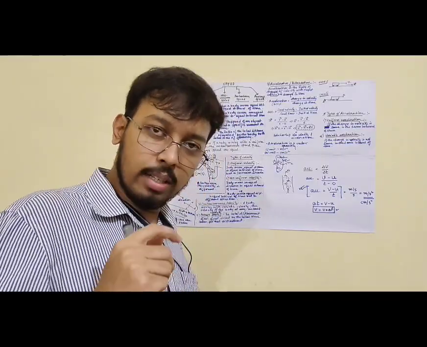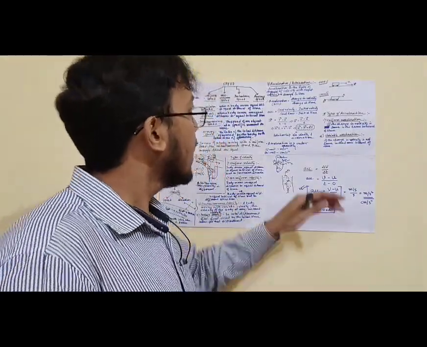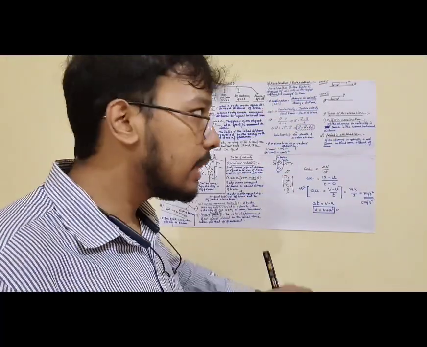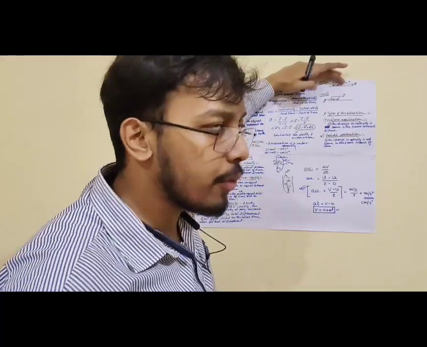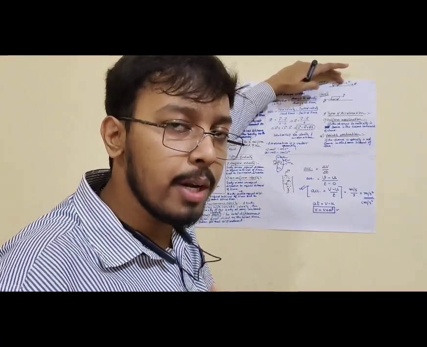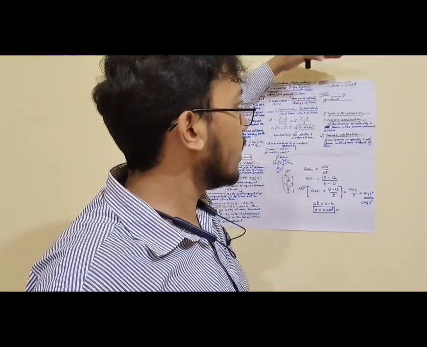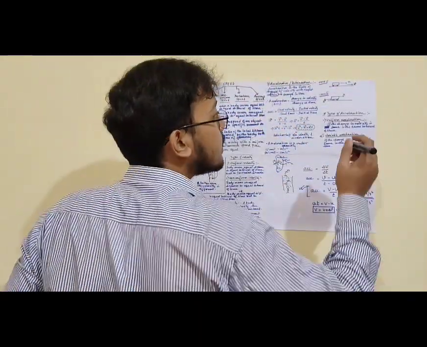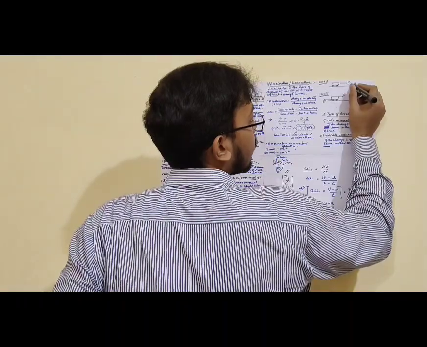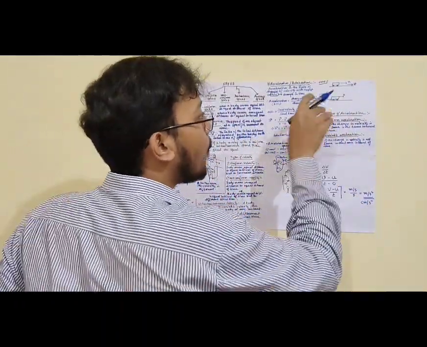Now to explain what is retardation, let us consider two cases. Case number one: a car is moving with a speed of u in this direction, and the acceleration is acting on the body in the same direction as the body is moving.